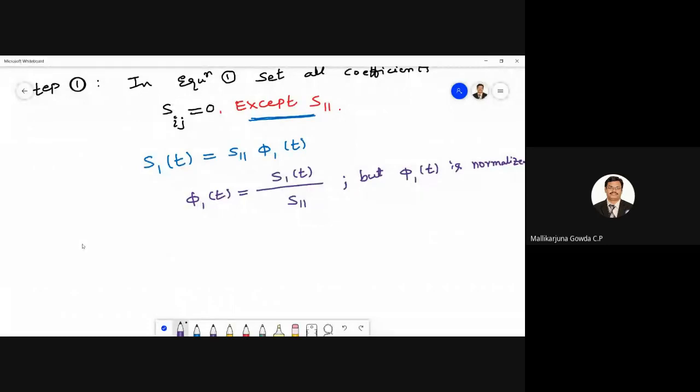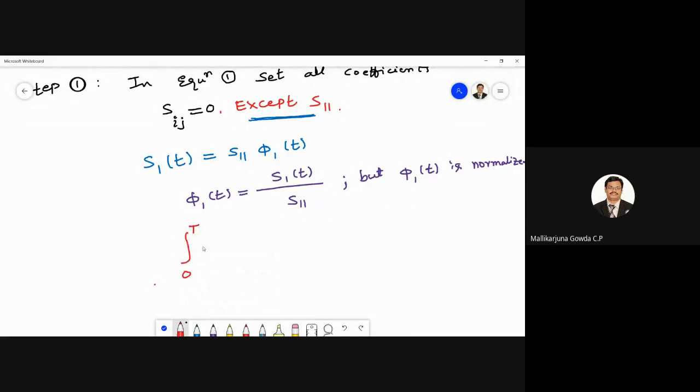I wrote the integral equation, that is integral 0 to T of phi i of t phi j of t dt. Here the values of i and j are equal to 1. So what can I write for that integral from 0 to T?